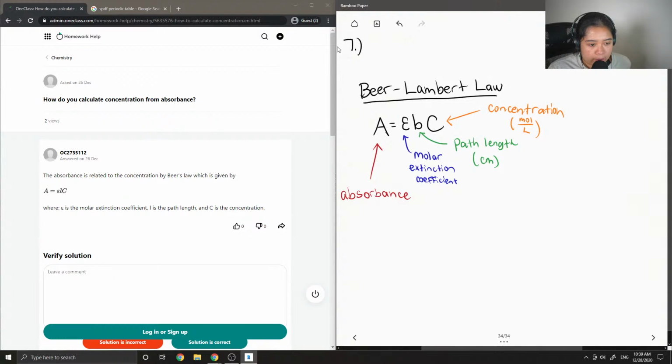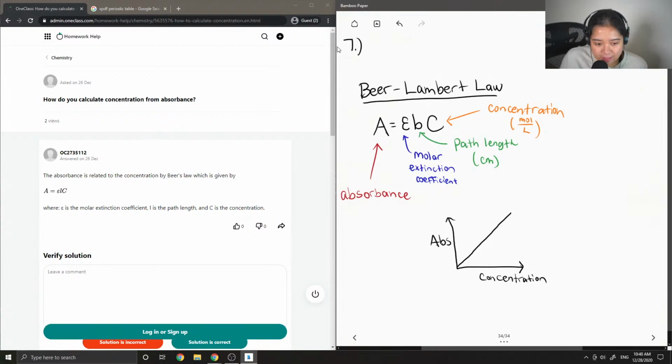So typically you might be given a graph of absorbance and concentration. And when you have a line on the graph, you'll notice that as concentration increases, then absorbance also increases.